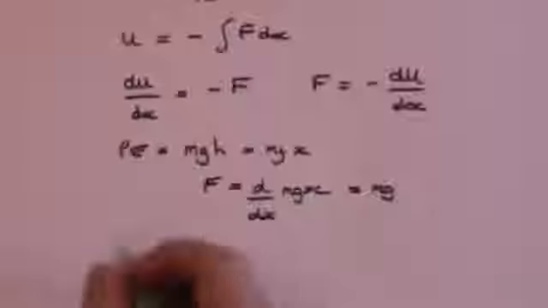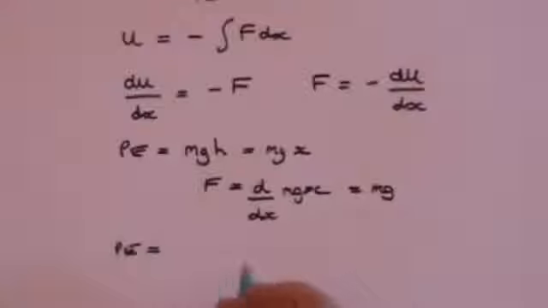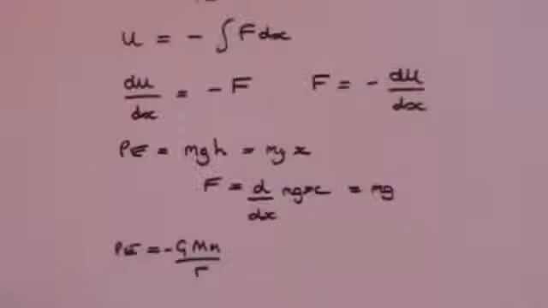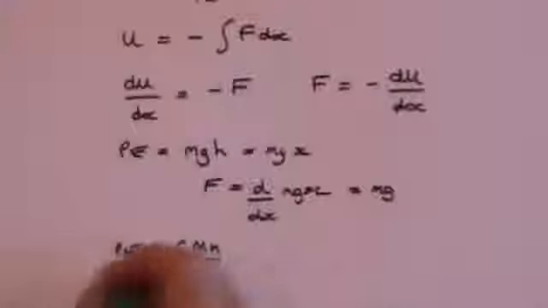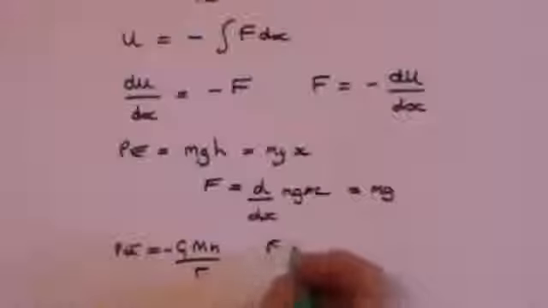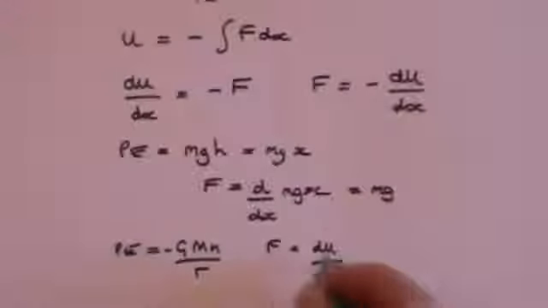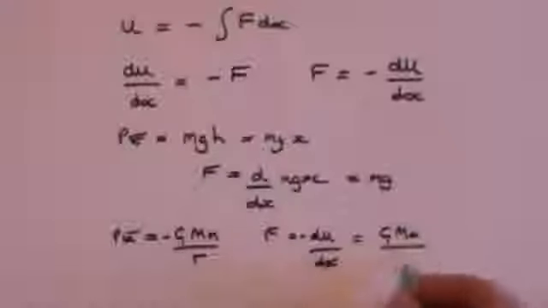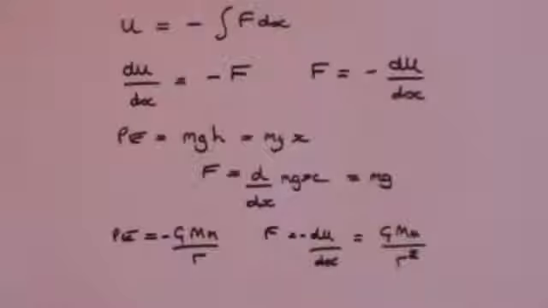And so we've now derived the force. And you can do the self-same thing if you take the potential energy with the full gravitational formula, GMm over r, which usually has a minus sign in front of it. That's U if you like, and so the force is going to be minus dU by dx, and that's going to equal GMm over r squared. So now we've got a way of deriving force given the potential. The force is simply the derivative of the potential at that point.